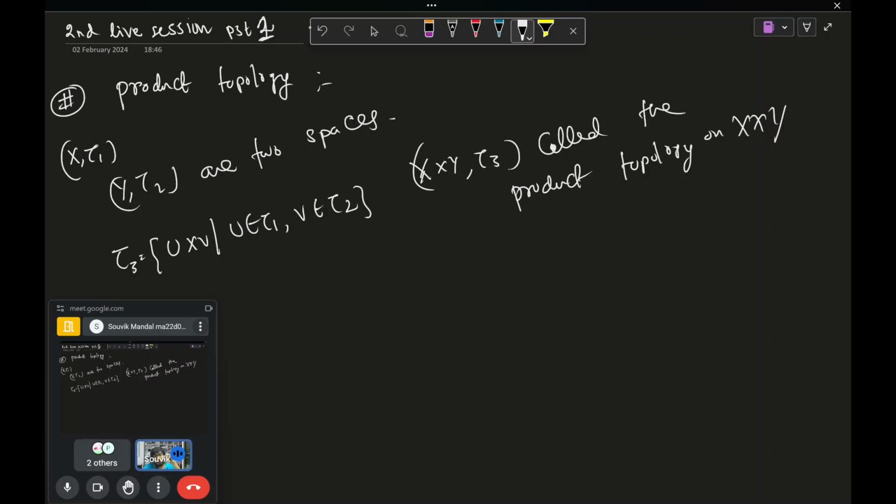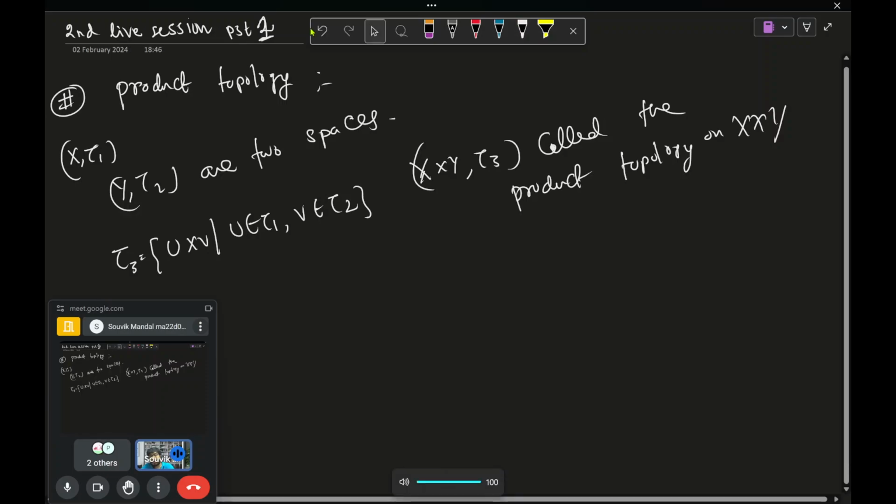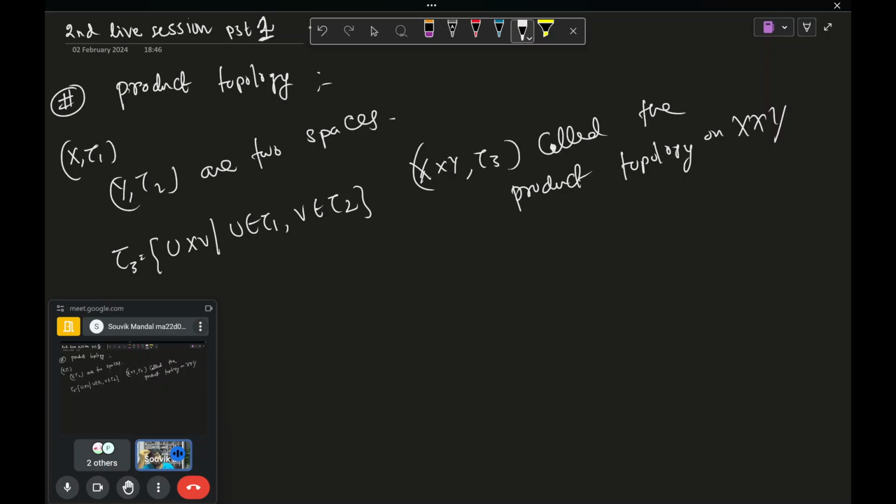So whenever we talk about product topology on X cross Y, this means that topologies are already given on X and Y themselves. And how is the product topology constructed? We take an open set of X, cross an open set of Y, the Cartesian product of open sets.